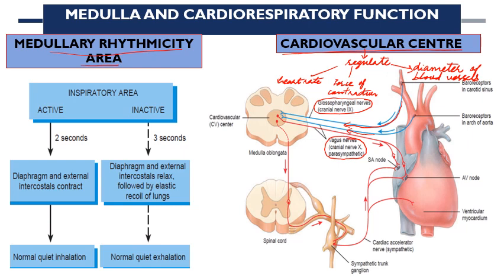After receiving input from the heart, the cardiovascular center located in the medulla oblongata sends signals through the sympathetic chain back to the SA node.